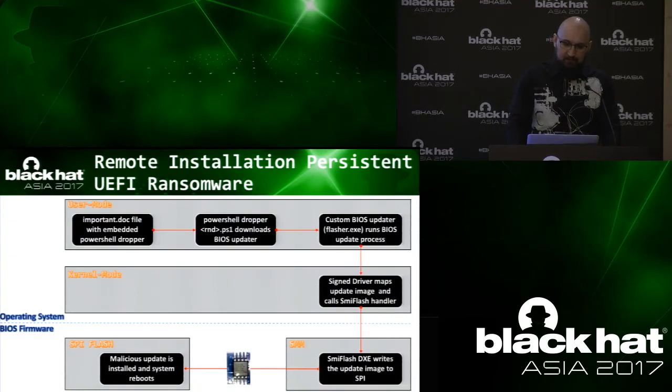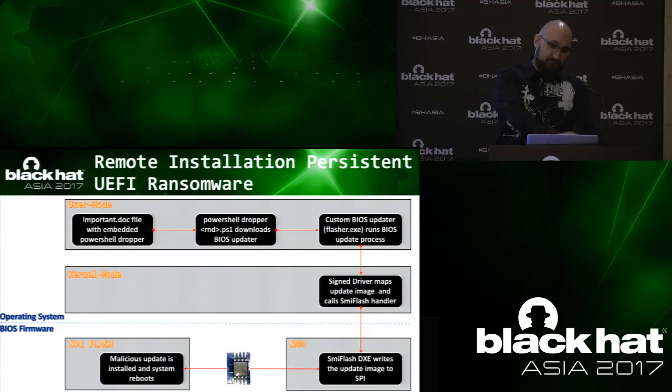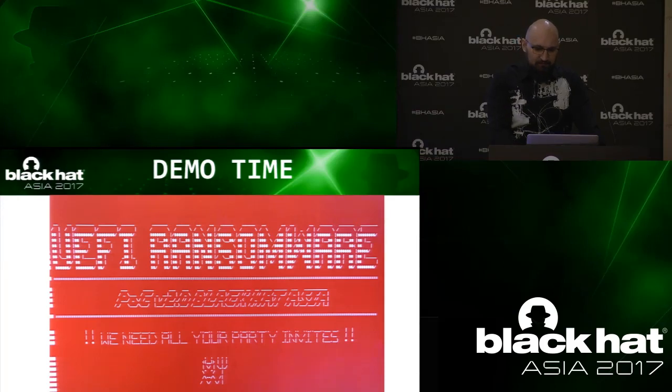The update is delivered through a driver by AMI, and this driver maps the update into a specific memory region and calls the SMI flash handler, and then the SMI flash handler flashes the new update to the SPI flash. So I think it's a good time for the demo.